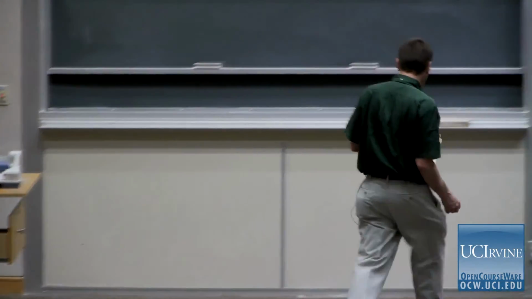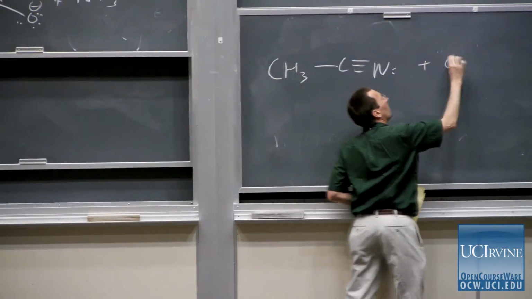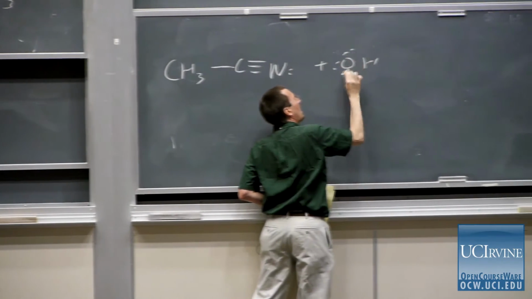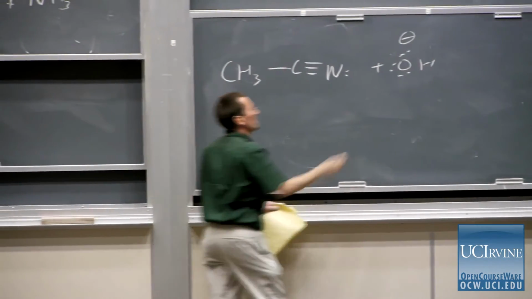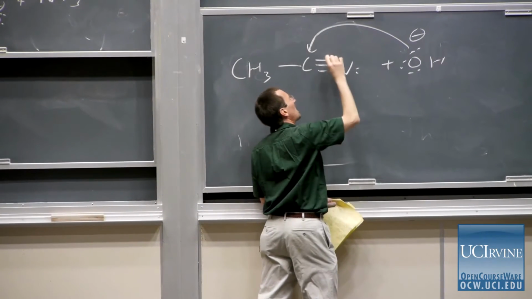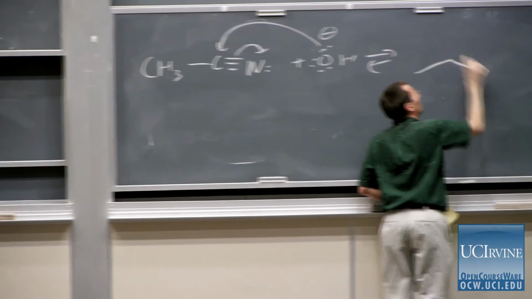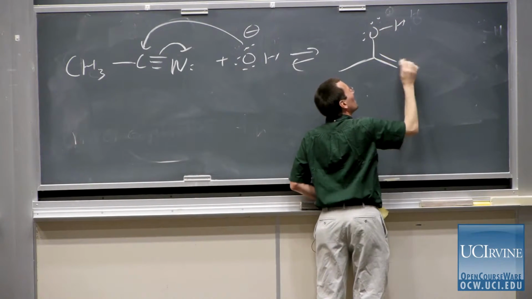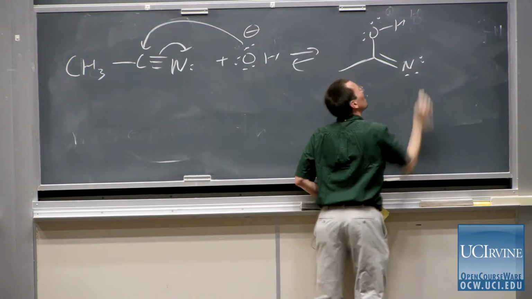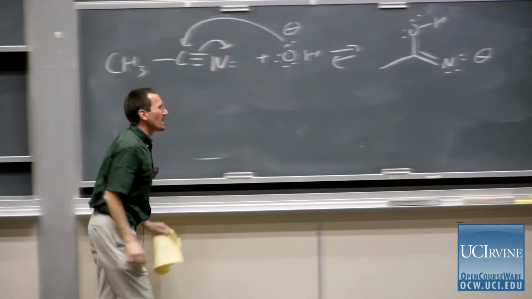And so if you look at acetonitrile, now we're looking at the hydrolysis of nitriles. You can think of this as being very similar. In other words, hydroxide adds, we kick in electrons. You get a negative charge on nitrogen.